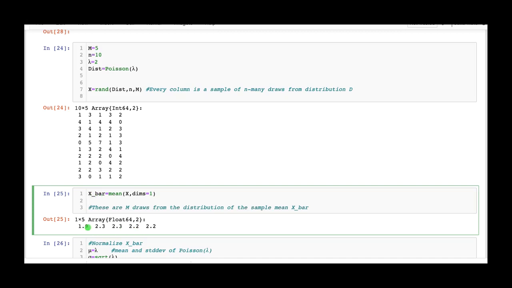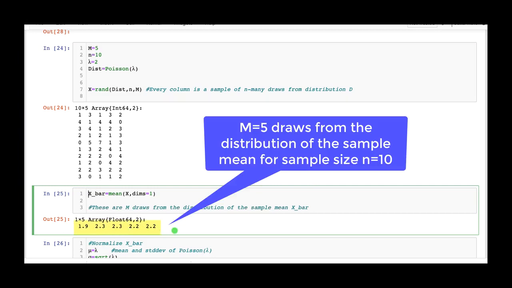So the first element here is the mean of the first column, the second element here is the mean of the second column, etc. So what I have here is 5 draws from the distribution of the sample mean with n equal to 10 sample points.